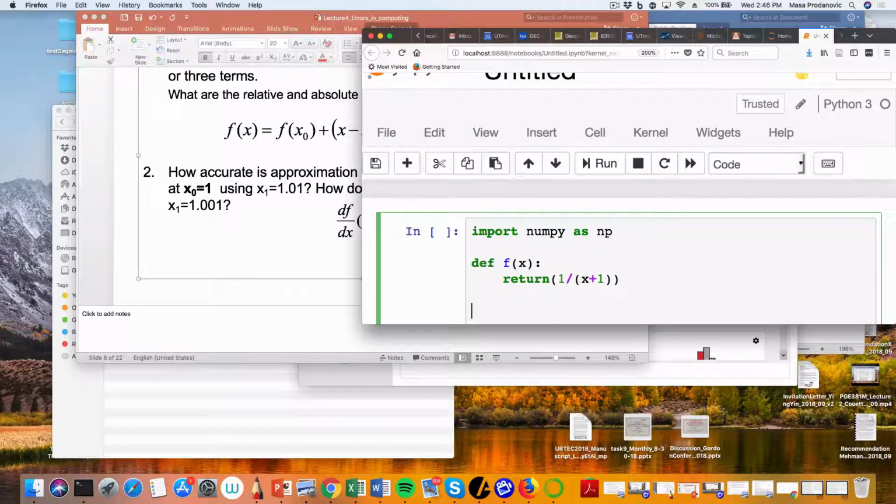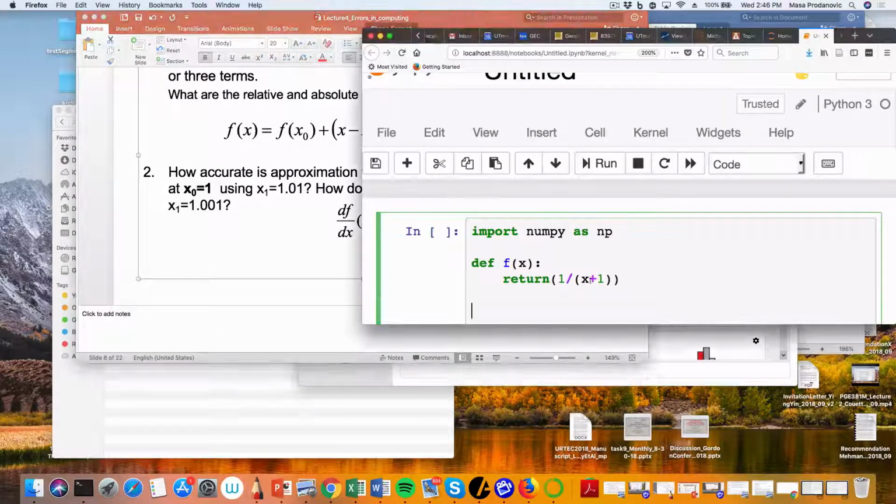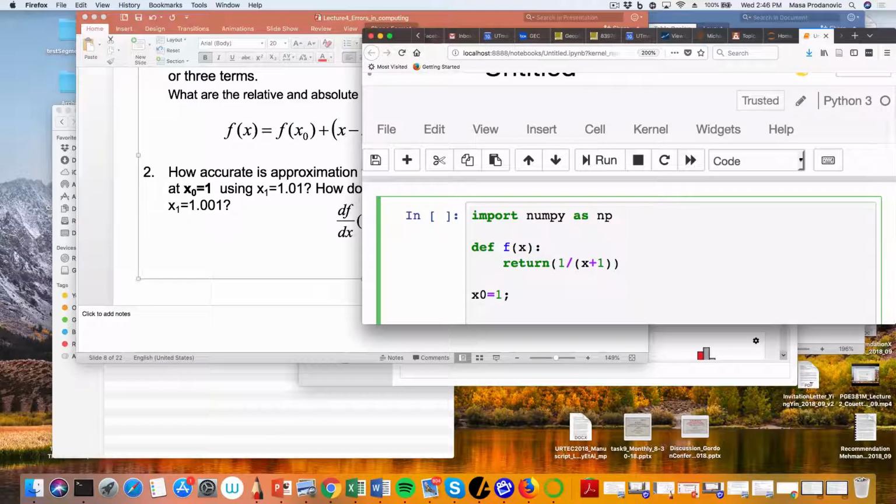Okay, this is my function. Now that it's defined, I'm wondering, how do I get this finite difference? So the finite difference, I'm going to say dfx. First I'm going to define x0 as 1, and my x1 is 1.01.